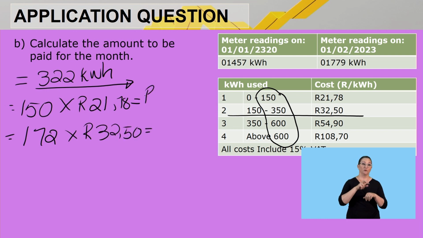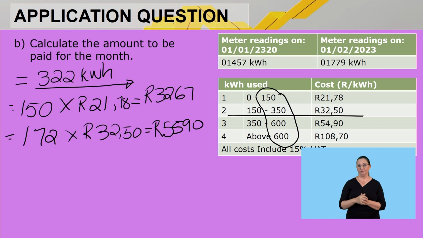Then we need to go up and work out our total for each block. Now, for the first block, multiplying 150 by the 21 rand 78, it gives us 3,267. And then next block, the 172 kilowatts multiplied by 32 rand 50, it will give us 5,590.